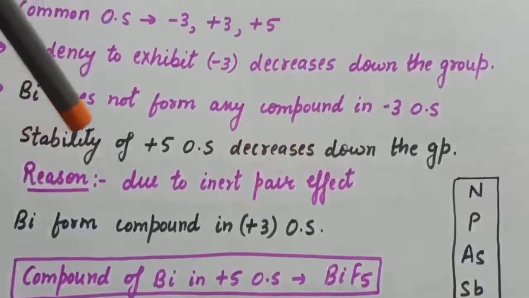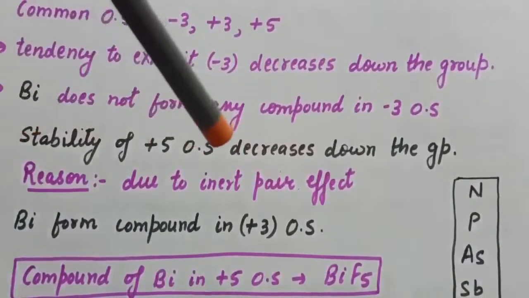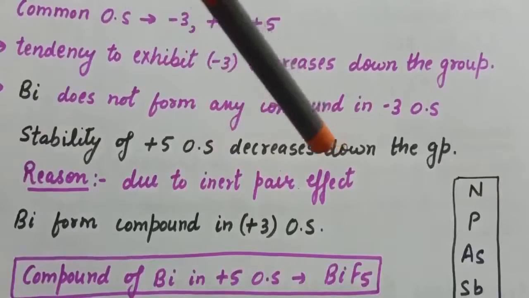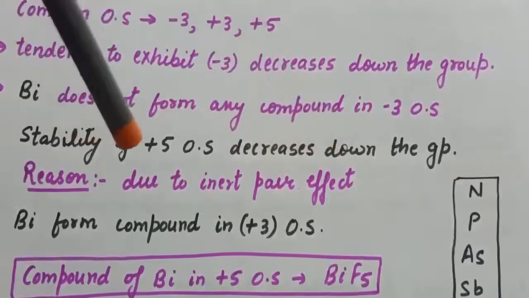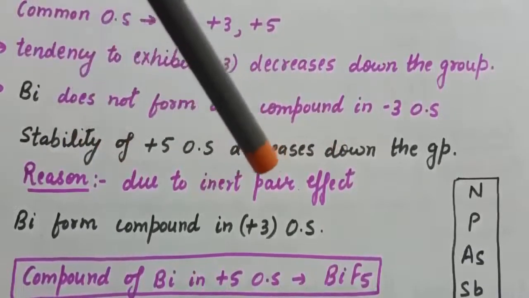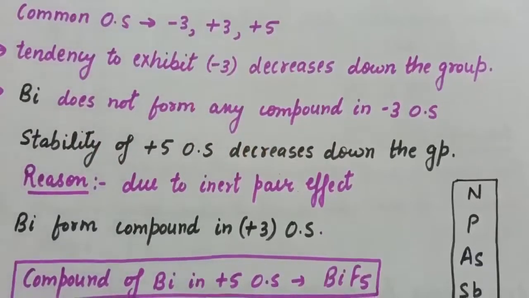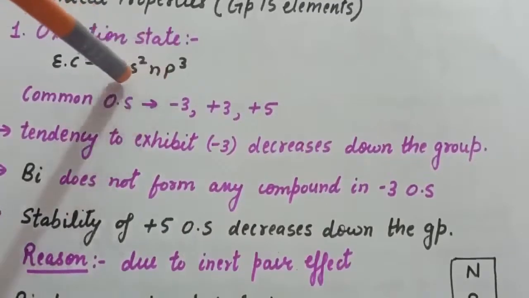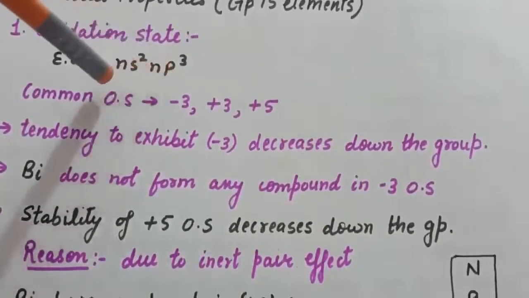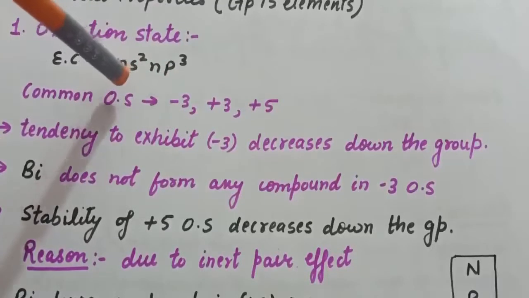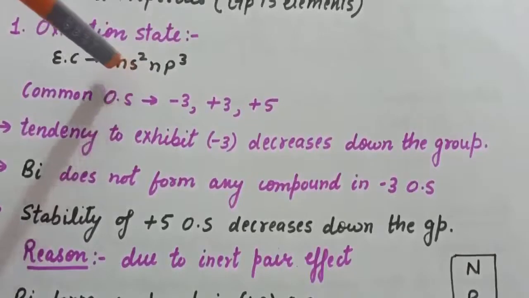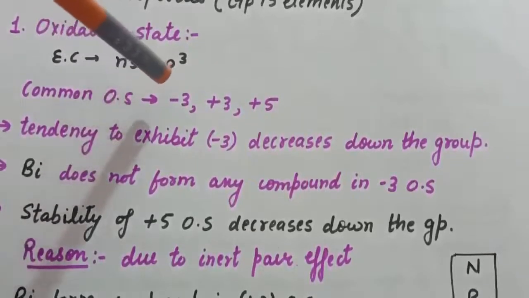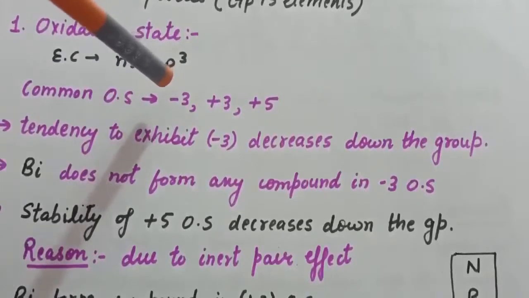Next, the stability of +5 oxidation state decreases down the group, and the reason for this is the inert pair effect. The electronic configuration is ns2 np3. In the inert pair effect, these 2 electrons do not participate in bond formation, and only the 3 electrons present in the p orbital participate.